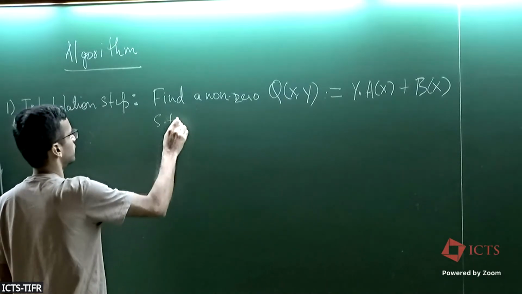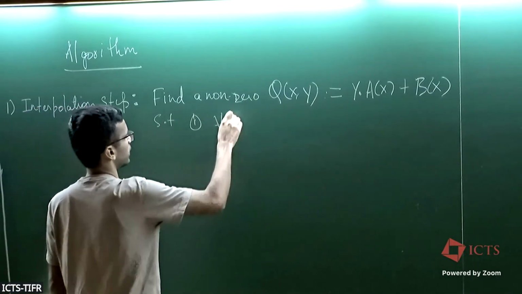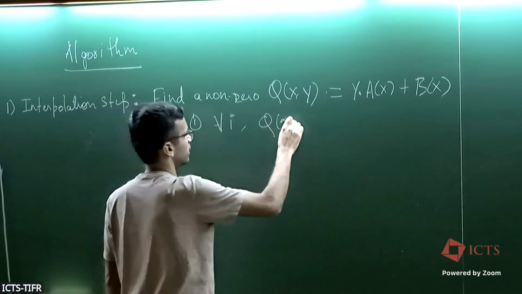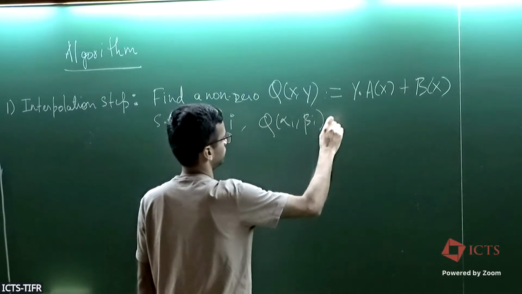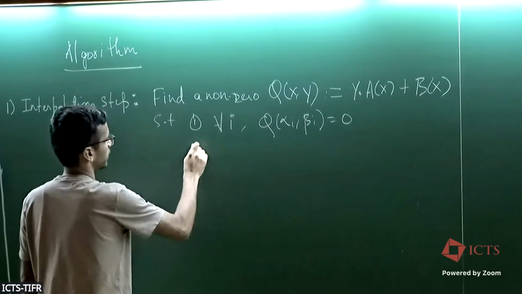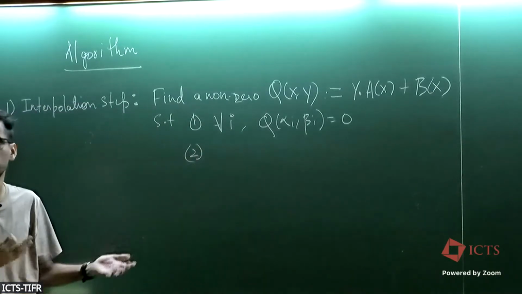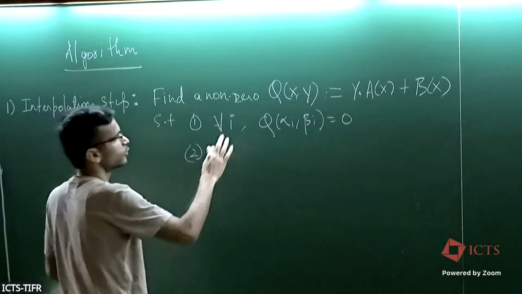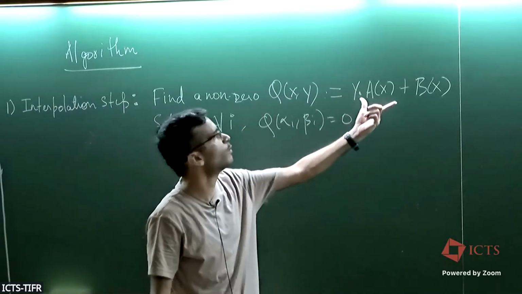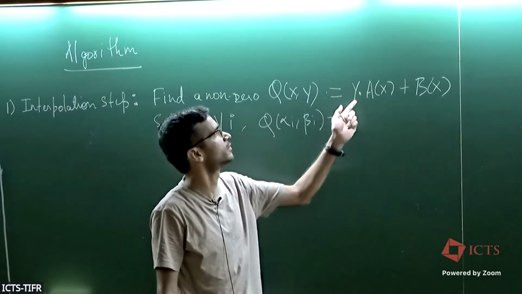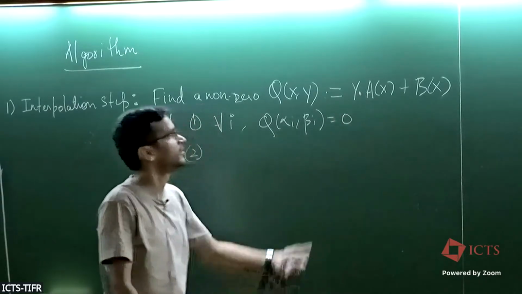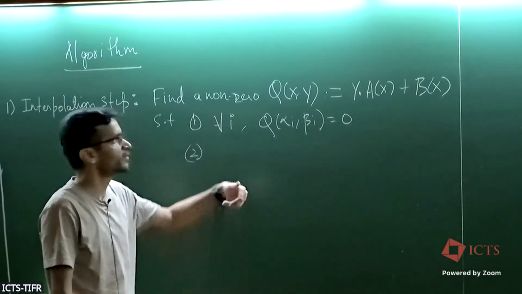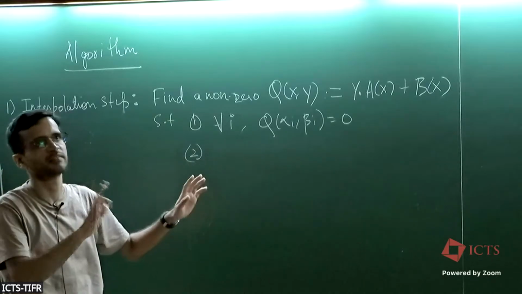The first property is that for all i, Q of alpha i, beta i is 0. The second property: I've been saying we should look for Q of low degree. The degree of Q is low. Based on just the form of Q, we know that the degree of Q is low in y. The y degree is 1. We have to impose bounds on the degree of A and B. Let me impose the bounds and we'll come back and see why these make sense.